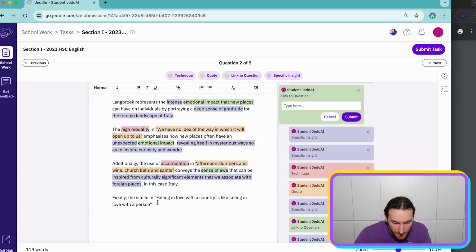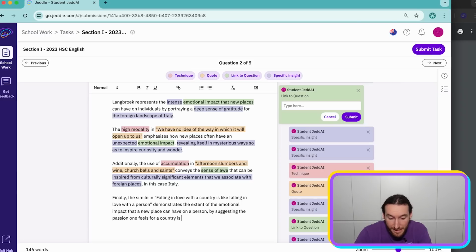The simile in falling in love with a country is like falling in love with a person demonstrates the extent of the emotional impact that a new place can have, and we definitely need to be more specific than that, can have on a person by suggesting the passion one feels for a country is comparable, analogous, alike, or similar to that of another human.